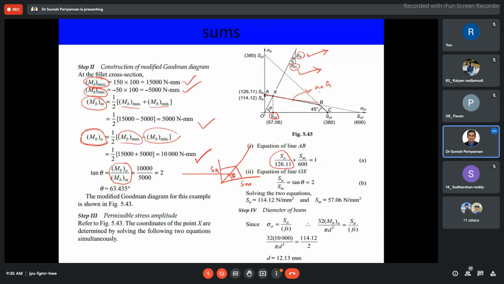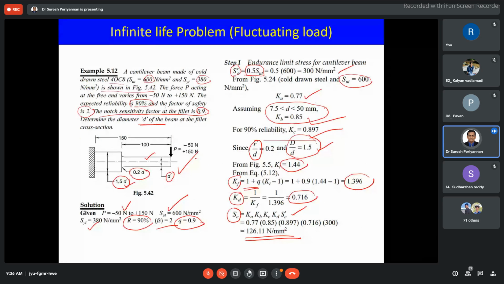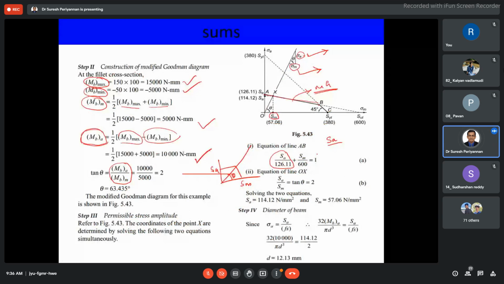Based on the concept we are discussing here, SA divided by SE, which we already got, is equal to 1 minus SM divided by SUT. This is the equation we already discussed, right?